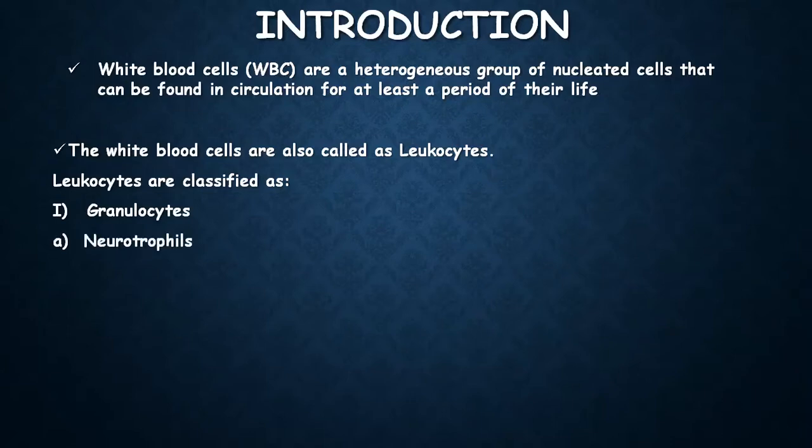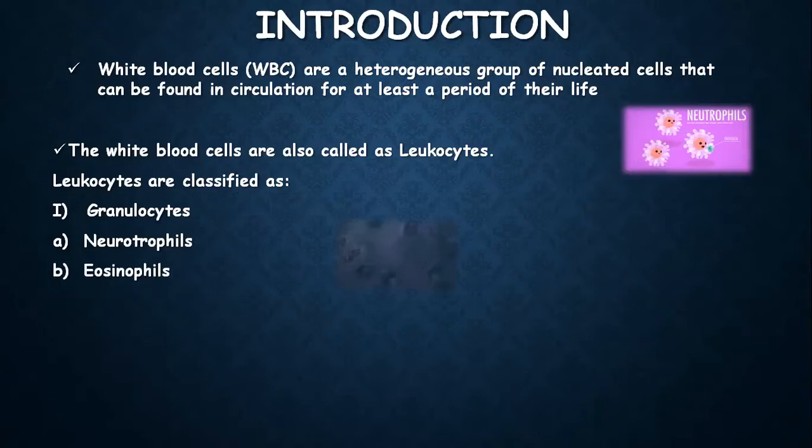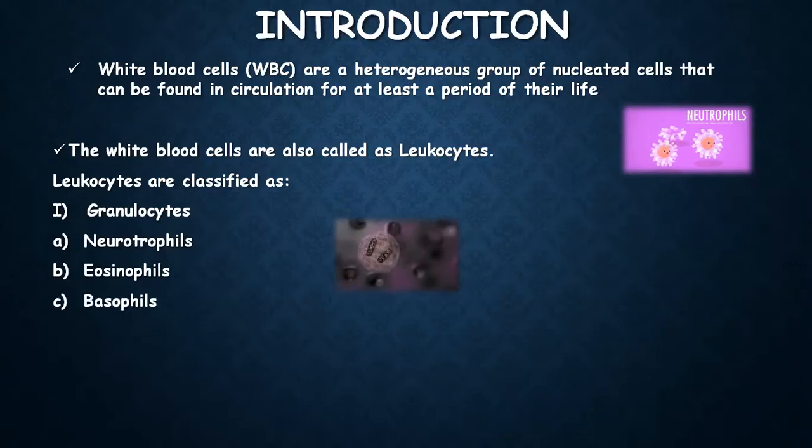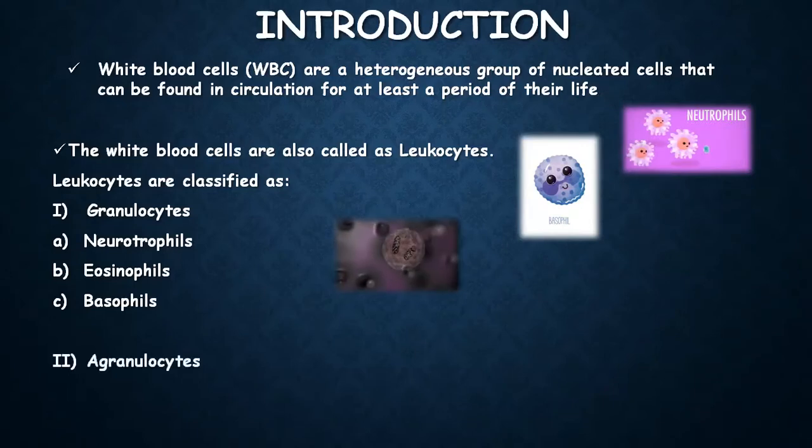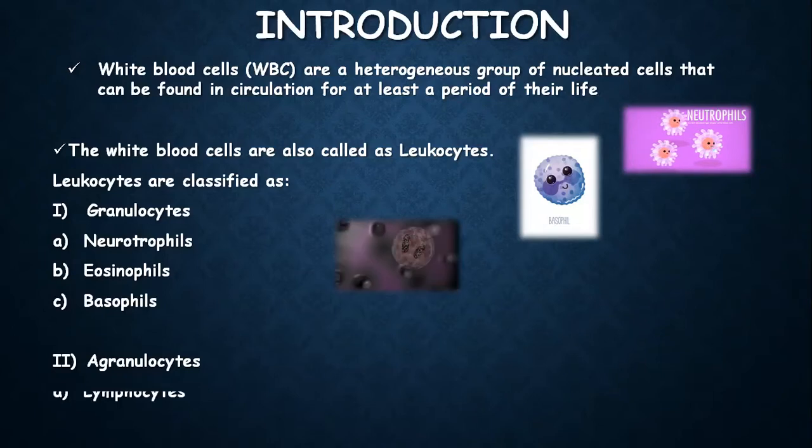These granulocytes are again divided into the first one, neutrophils, second one, eosinophils, and third one, the basophils. Second class is agranulocytes. These agranulocytes are again divided into two types.